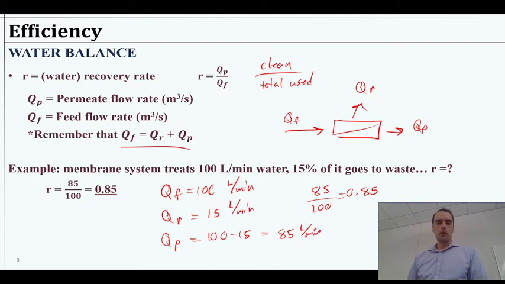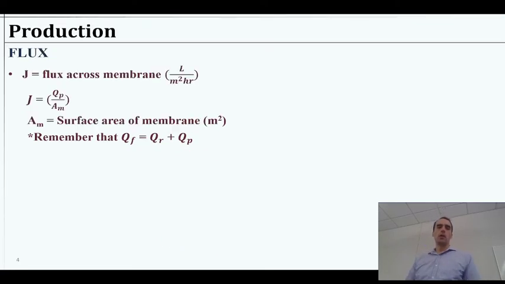All right, so that all is just kind of straightforward ways to talk about our solutes. So now we get a little more interesting. We talk about flux. So we talked about flux within the granular filtration topics, really that a flux is some amount of stuff going through a given area, right?